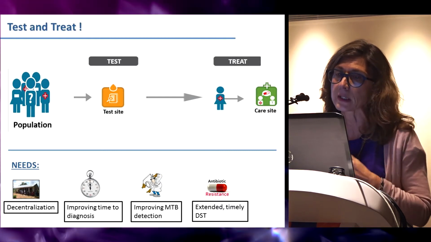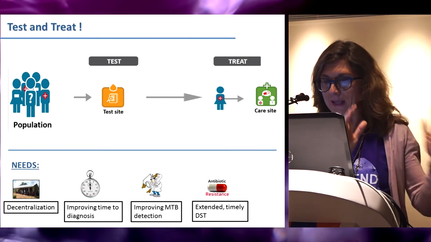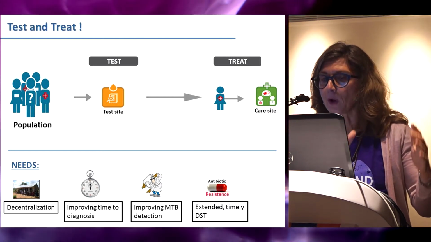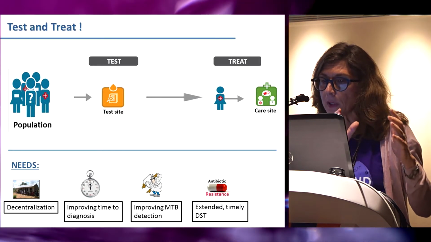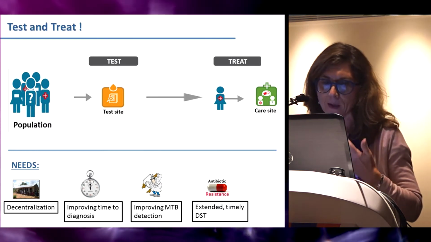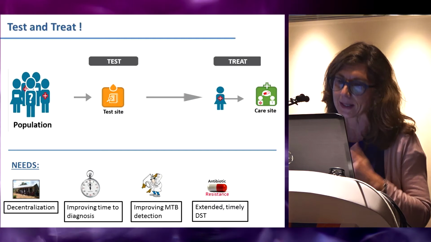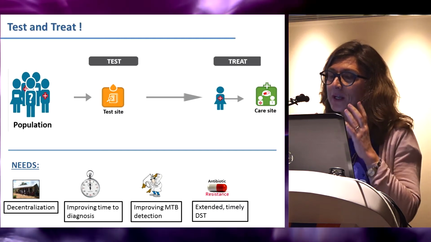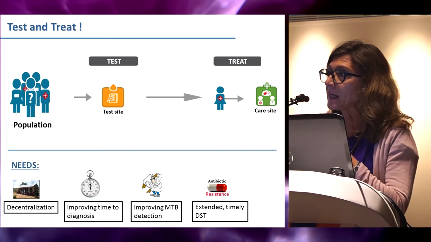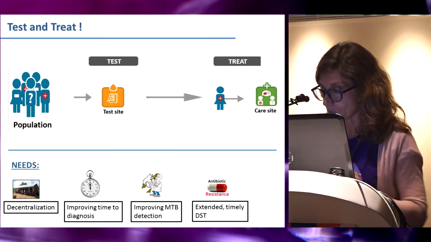In order to control tuberculosis, we need to test the people that may be suspect in the population. We are not supposed to use the word suspect, but with my poor English, that's the first word that comes up all the time. And move to the test site, and then identify the people that need to be treated and treat them.